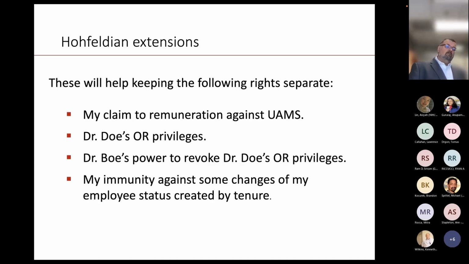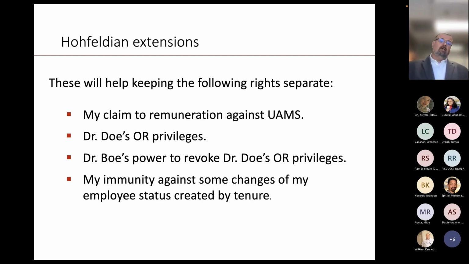What we also learned is we need extensions to go beyond just representing claims and obligations, because we now have things like Dr. Doe's OR privileges, or Dr. Bo's power to revoke Dr. Doe's OR privileges, and my immunity against some change of employee status that is created by tenure.